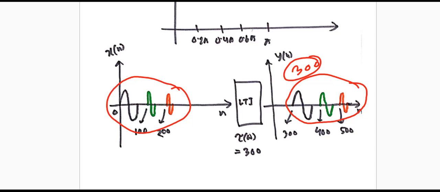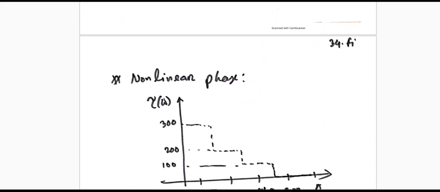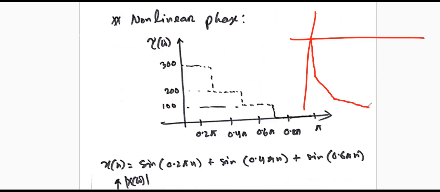On the other hand, if you have a nonlinear phase response, let's say very high, medium, and lower, something like this. This is from the time domain perspective. This is 0.2π, this is 0.4π, and this is for 0.6π.